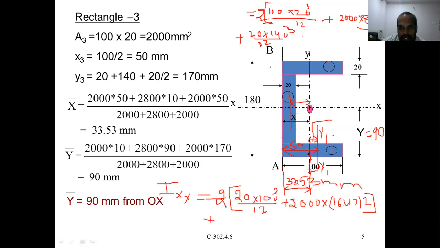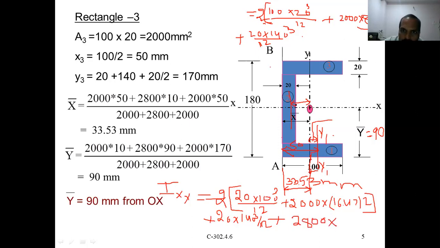The moment of inertia about this axis of this figure is BD cube by 12, that is 20 into 140 cube divided by 12, plus area, 2800, into h square.